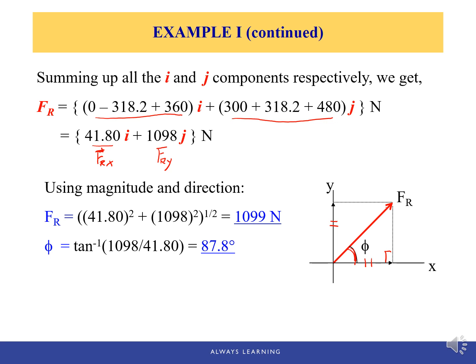So we use the inverse tangent of FRy over FRx, and it should be the absolute value. If you have a negative component, you're going to use the absolute value of that component, which means the magnitude of that component.